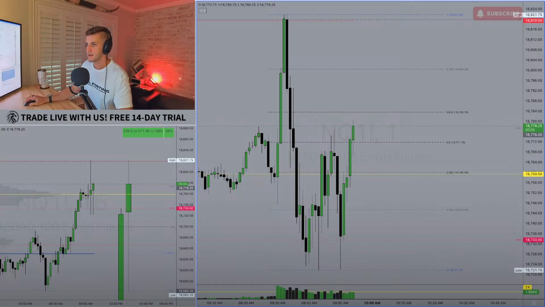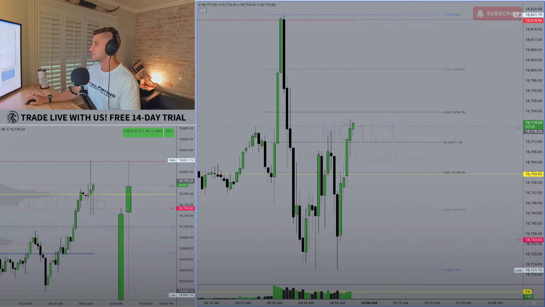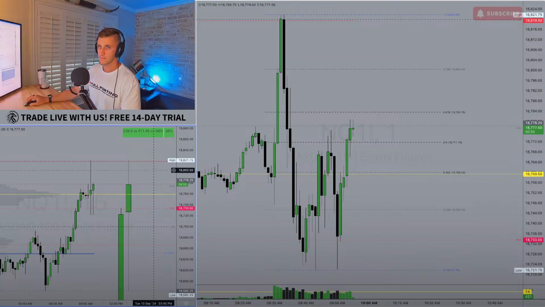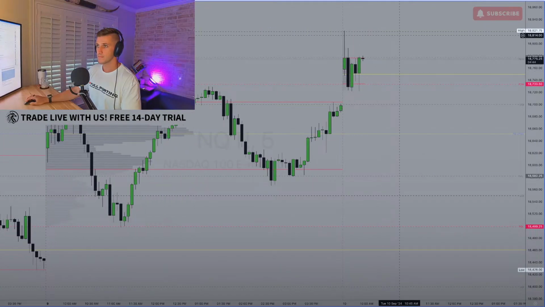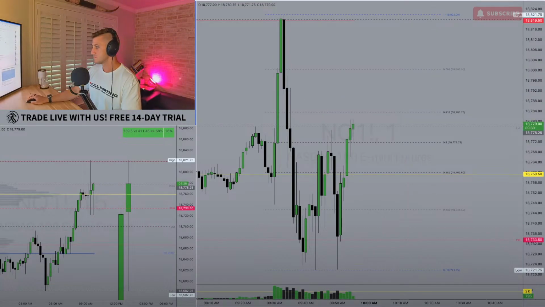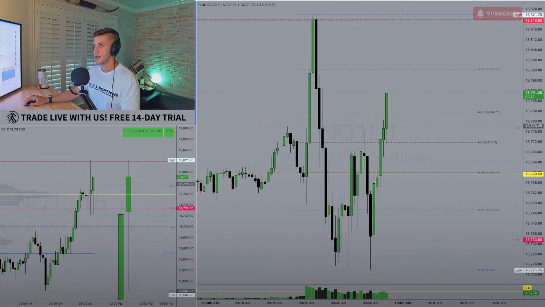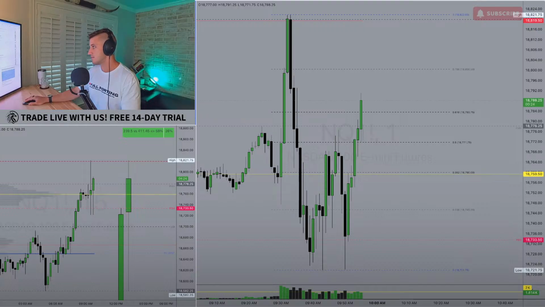Attempting to break now, coming into that 61% fib. So pushing higher, a little bit of an intraday change in character there on NQ. 800 going to be that next reference point.